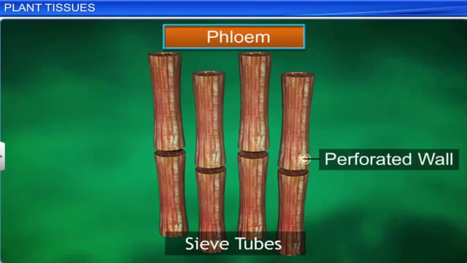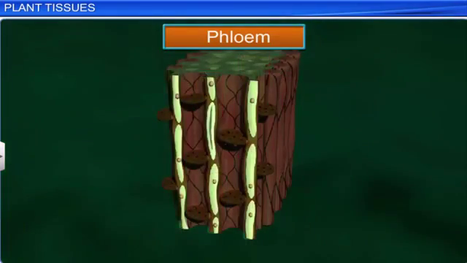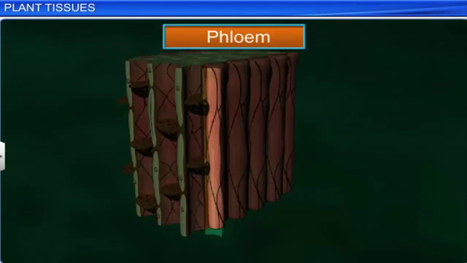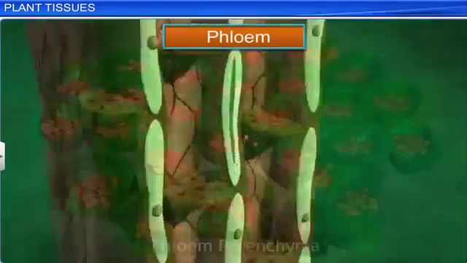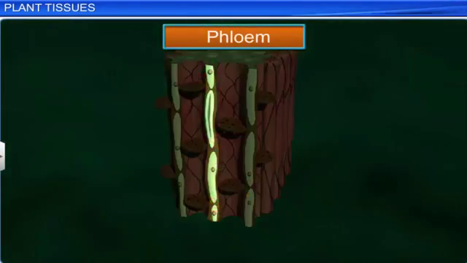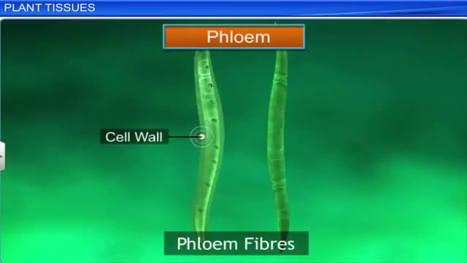They transport sugar or food from the leaves to the stem and the roots. Companion cells are small, elongated, and help in conduction of food. Phloem parenchyma store and transport food. Phloem fibers are thick-walled, elongated dead cells which provide mechanical support.